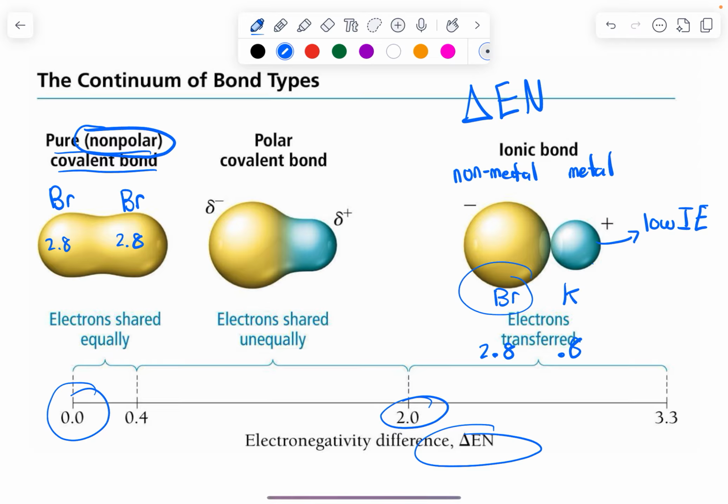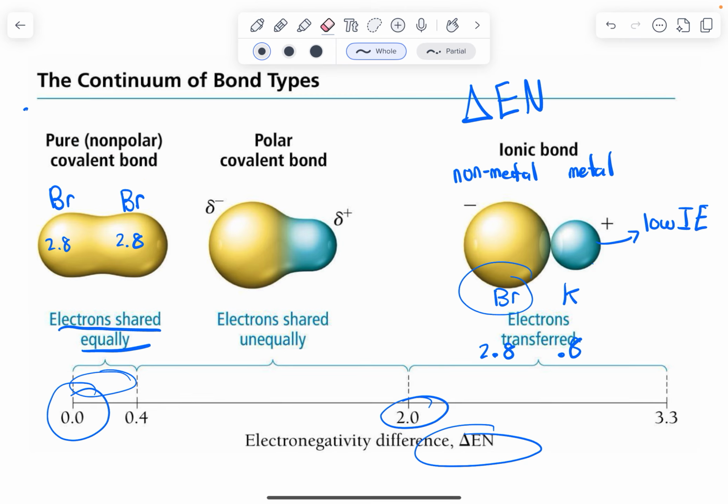We actually define it as really small differences. We'll call those nonpolar, or how they're sharing the electron equally. So it's written right here: anything 0.4 or less, so we'll say less than or equal to 0.4.